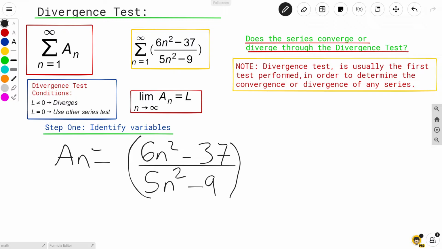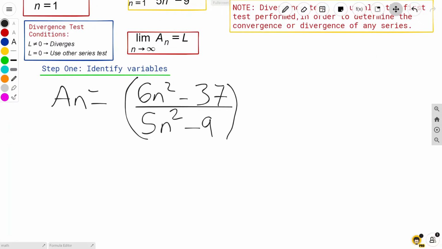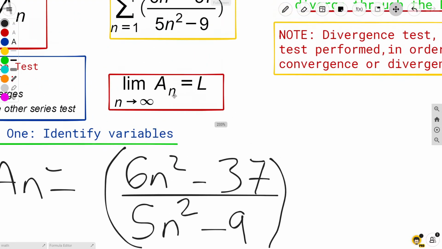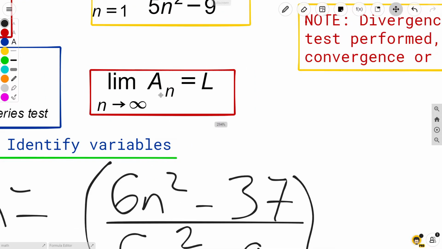Now that we know what our a sub n is, the next step is to compute the limit using this formula: the limit of a sub n as n approaches infinity.